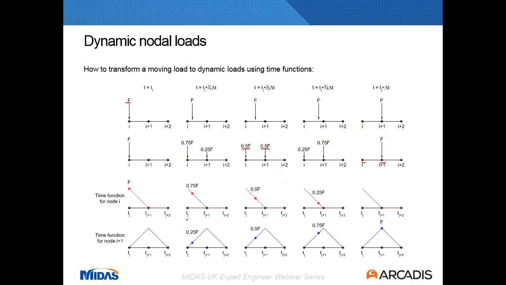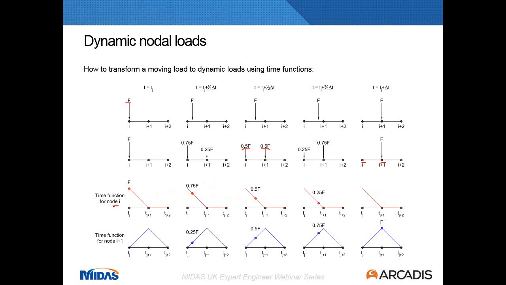And this is represented as these time functions. So it's a time function that has a value of F when the time is equal to 0, and when time starts to increment, it goes down until the axle is on top of the next node, and then this is 0.